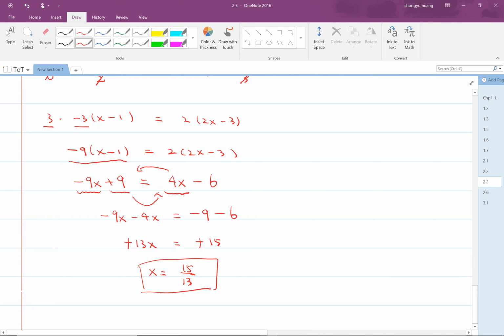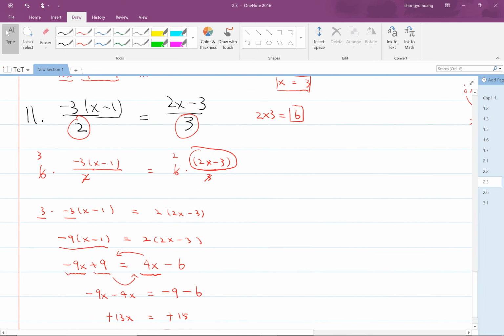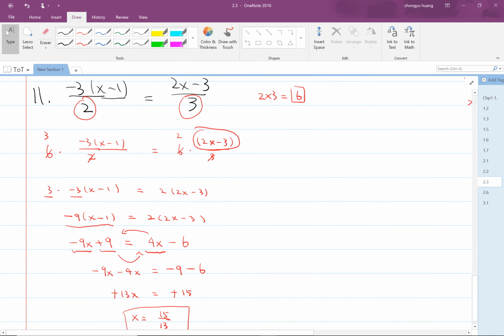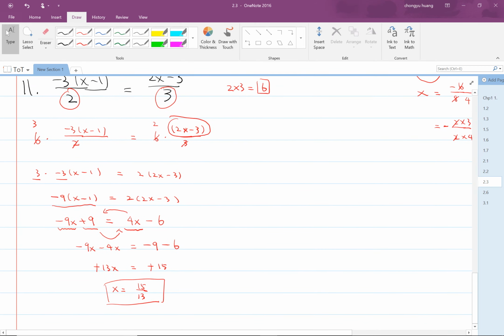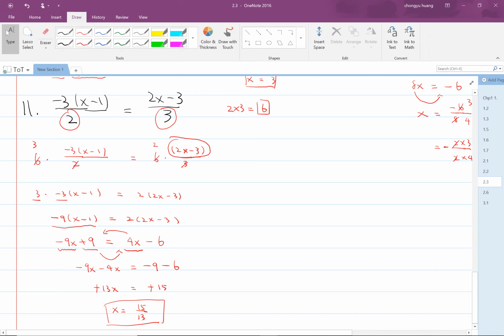So this is the solution for question 11, right? If everything is right, then you should be able to get this answer.